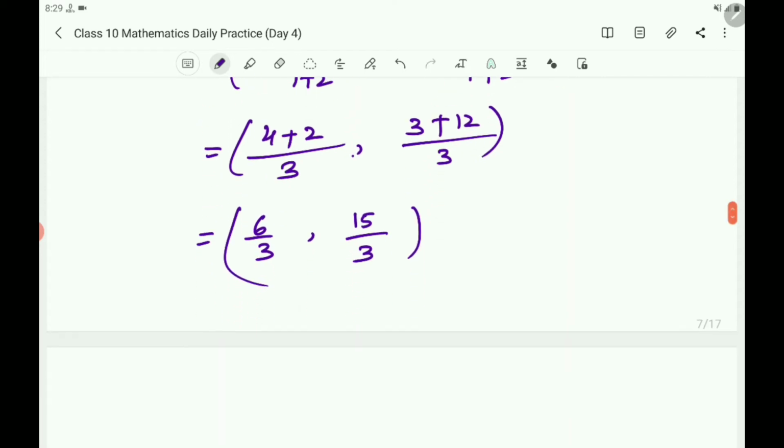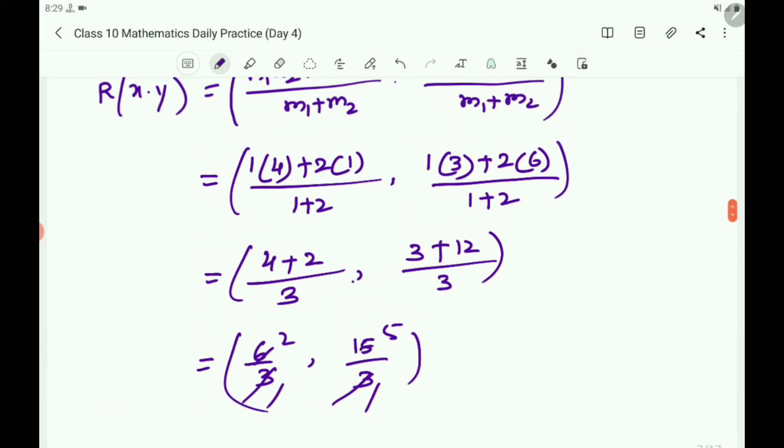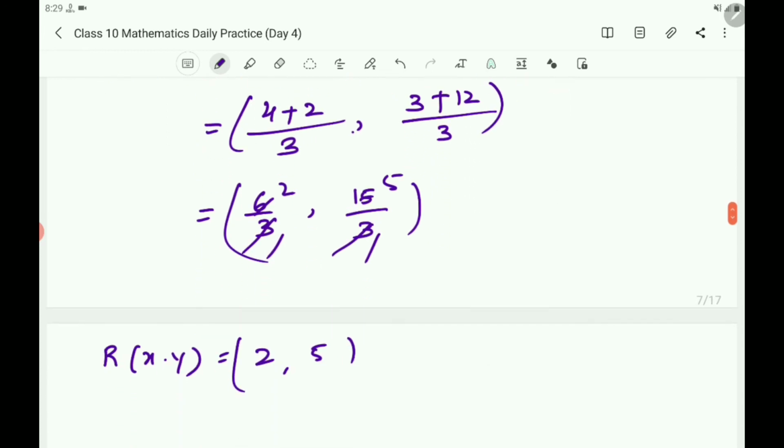So you can write that R of (x, y) equals 6 by 3, 3 twos are 6, 2; 15 by 3, 3 fives are 15, 5. So the coordinates of the point dividing the line joining the points (1, 6) and (4, 3) in the ratio 1:2 are (2, 5).